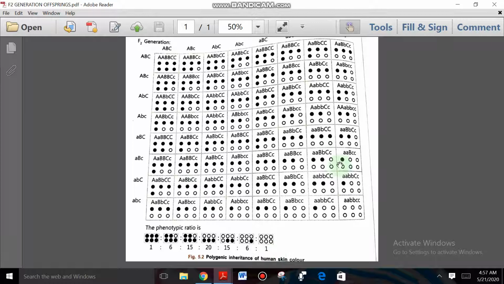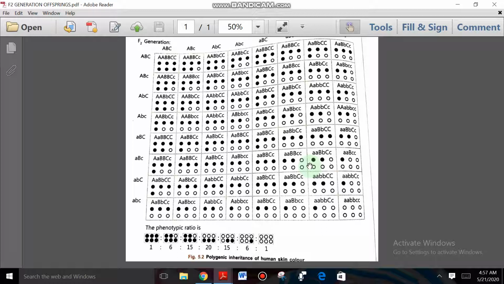There are different types of colors formed, more dark, more light, there is intermediate color, less dark, less light. So there are different types of colors formed in this F2 generation. Parents are completely dark and completely light.